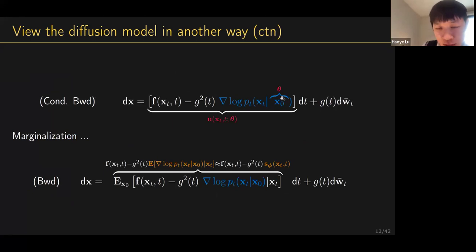So what we can do is apply the fact we just discussed by marginalizing over the starting point x0. And we will get this a little bit complicated expression. But we can simplify it a little bit and it will have this form. The only thing we don't know is the orange term, and we will use a neural network to estimate it.